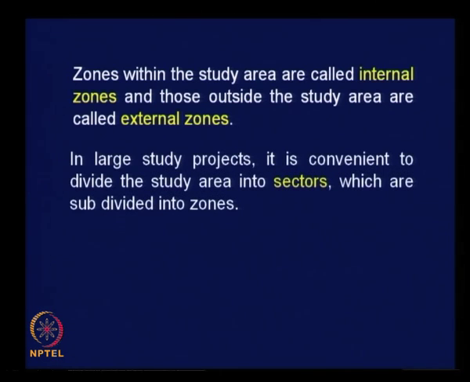In large study projects, it is convenient to divide the study area into sectors first, which are subdivided into zones. You may end up with hundreds of traffic zones in an urban area if the area is larger.